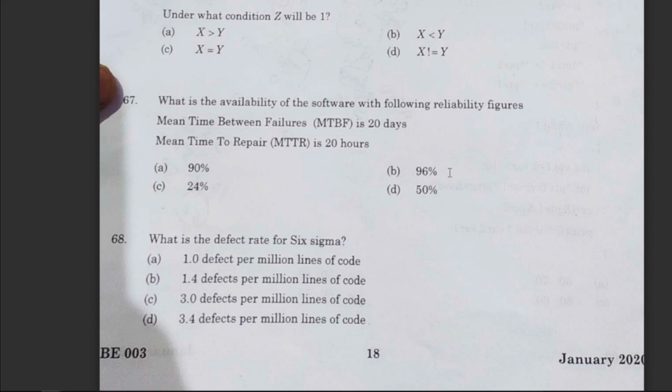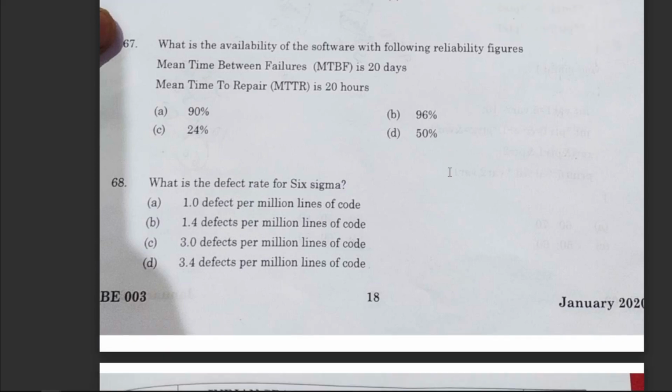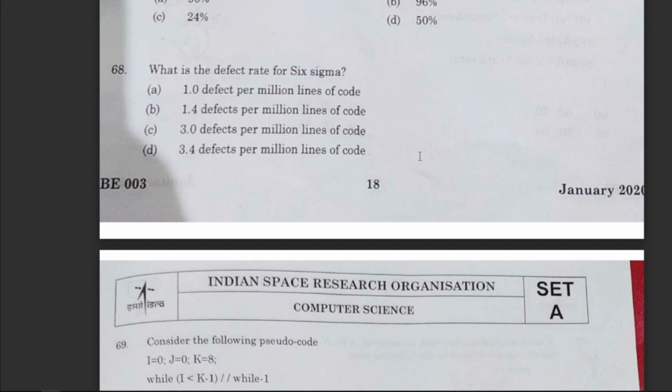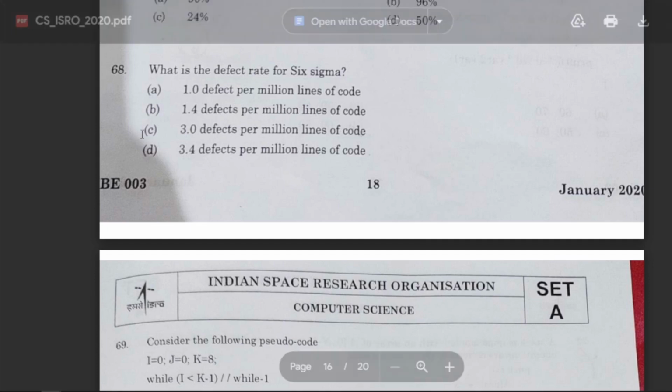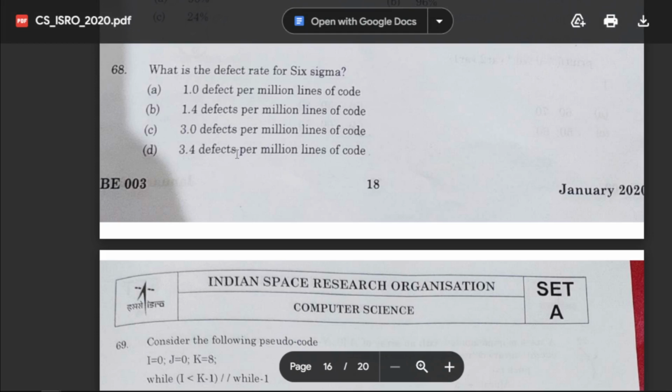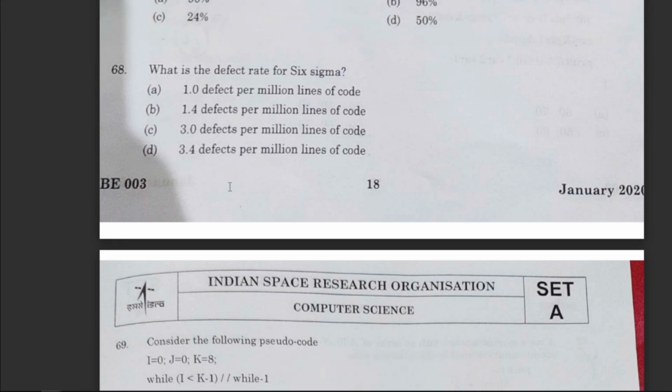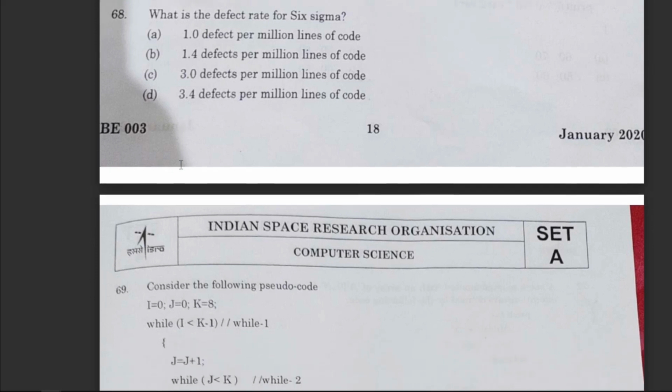So for 67 our answer will be B, 96%. Now 68: what is the defect rate for 6 sigma? The answer is 3.4 defects per million lines of code.